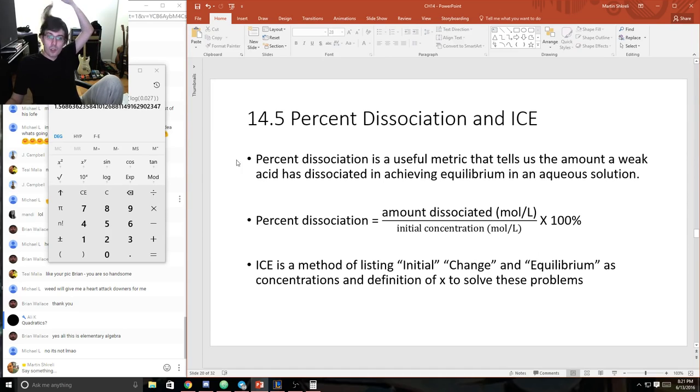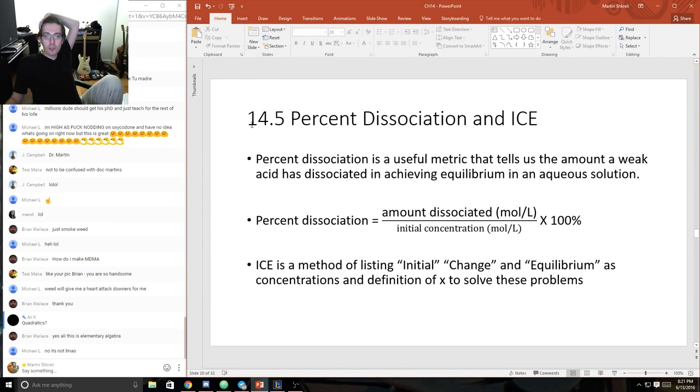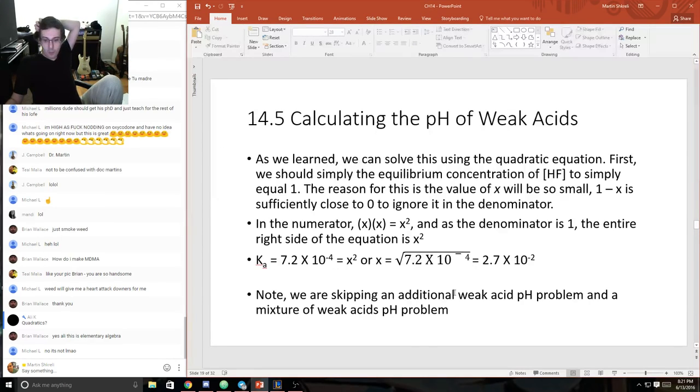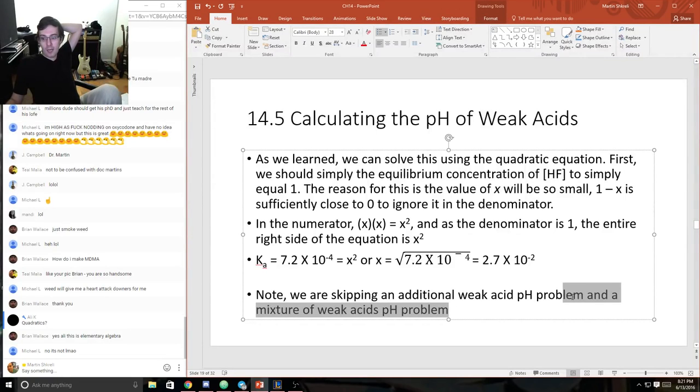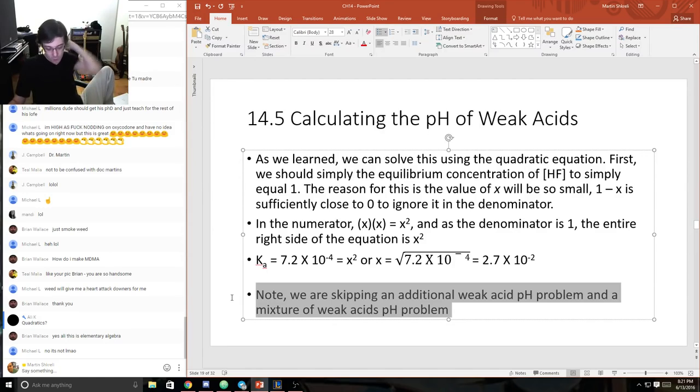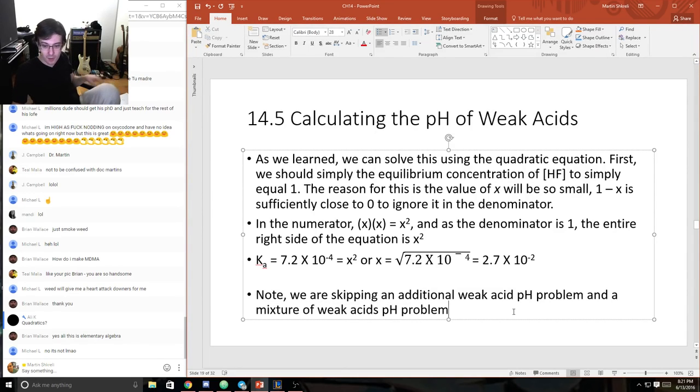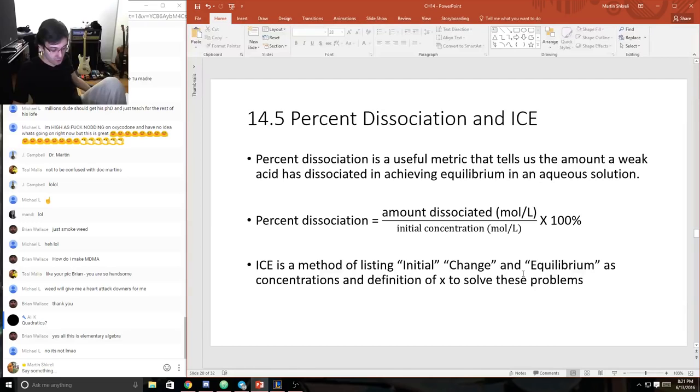All right, so let's talk very quickly here about 14.5. By the way, we're skipping one other weak acid problem, which is very simple, and a mixture of weak acids problem, which is very simple. If you want to do those problems, you're welcome to do them. They're on pages 669 and 670, and there's this ICE method that is going to be very useful, and the book teaches that ICE method on 670.